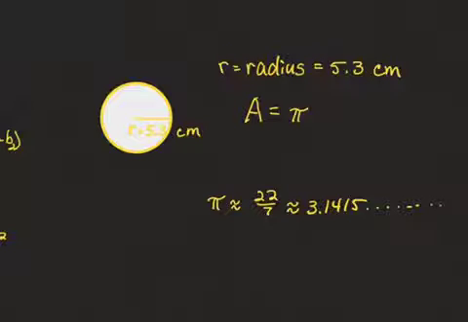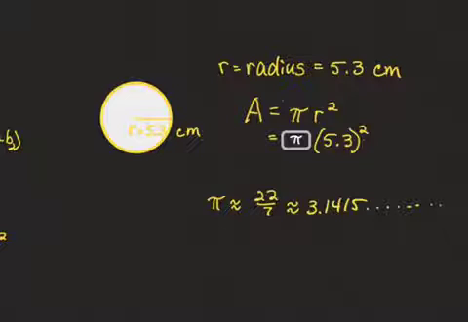But pi doesn't have any units. It's just a ratio. What we need when we're talking about area is square units, not just a length. So what we are going to do is square that radius. So for this given circle, pi r squared, pi times 5.3 squared.